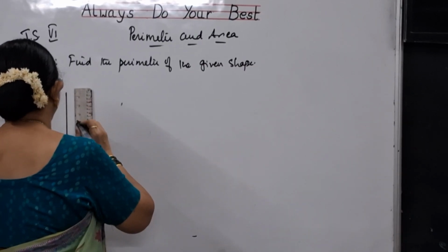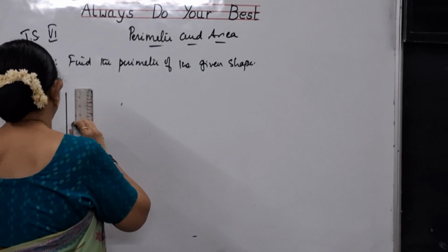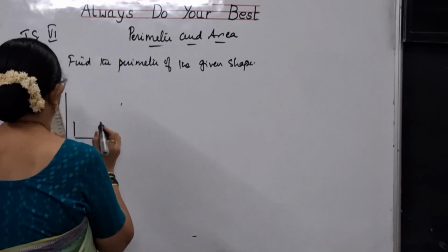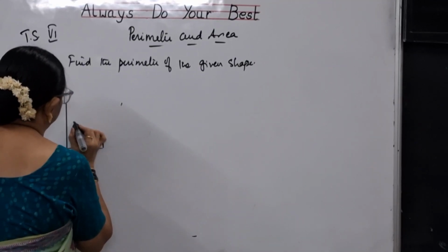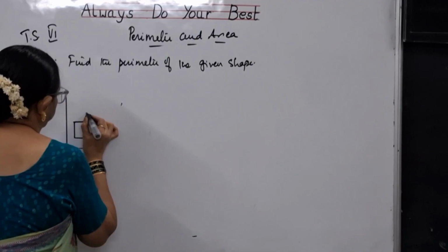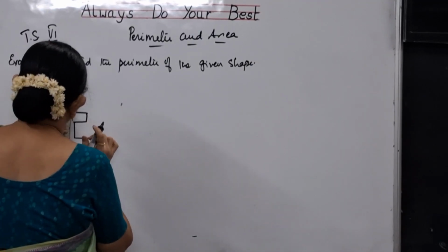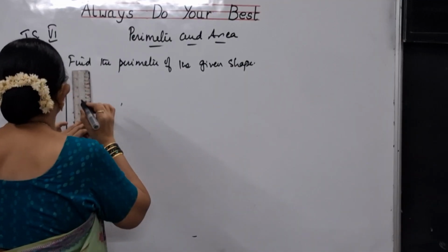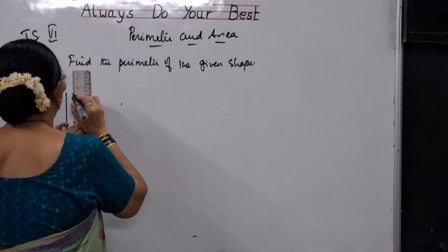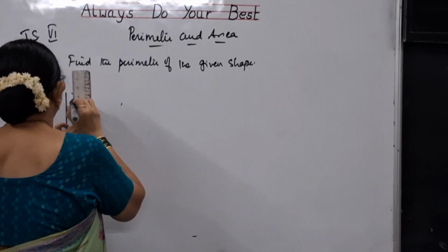The figure given is letter E. They have given letter E, but their measures are in this way. Let us see what is the measurements that they have given.